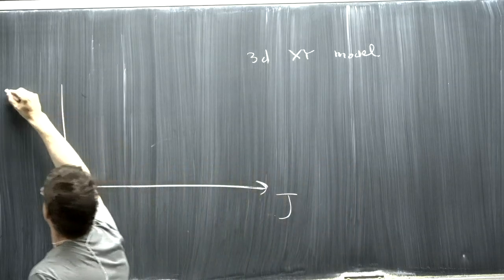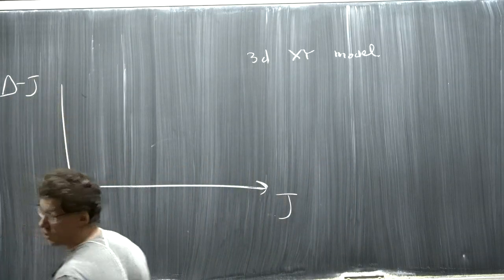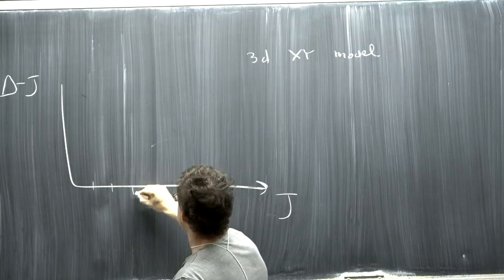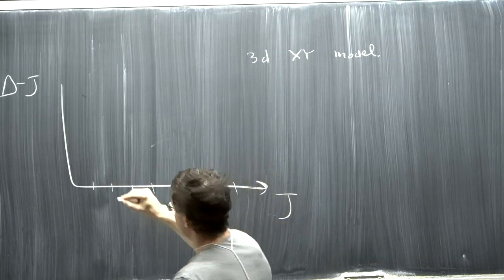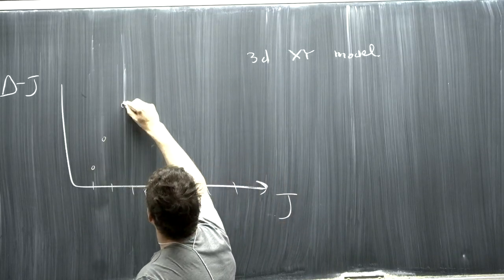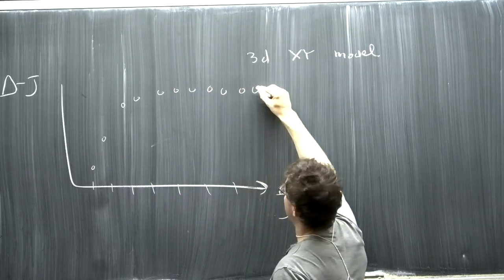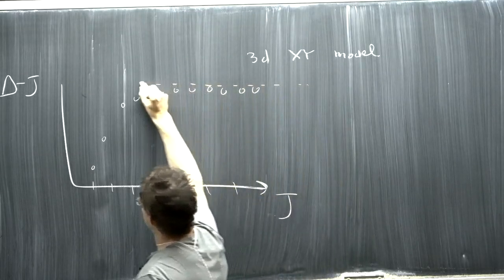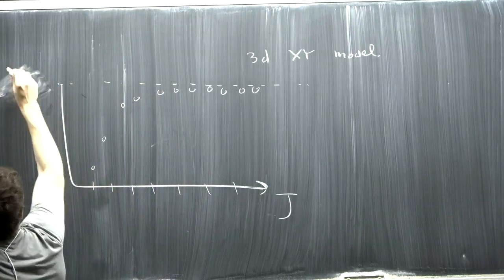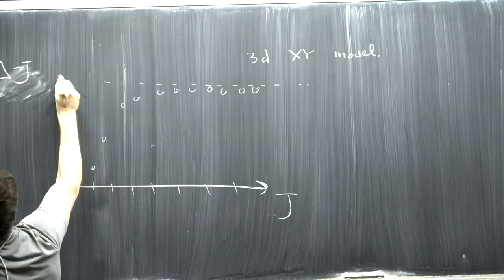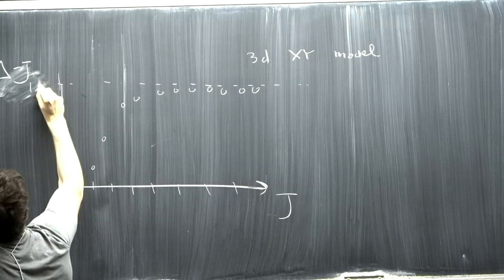So people have plotted delta minus J versus J, and let's say 1, 2, 3. And the picture that you see is that it's like that. It becomes flat, exactly like the formula predicts. And if you continue this line here, you get 1.02.